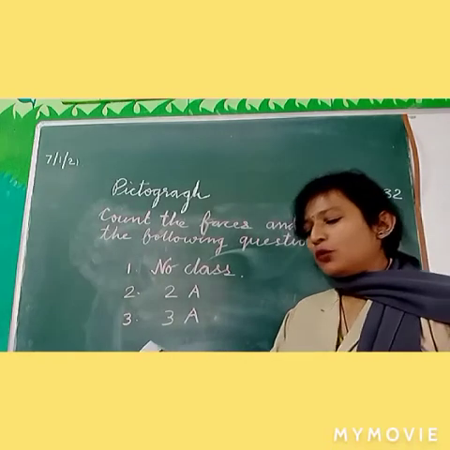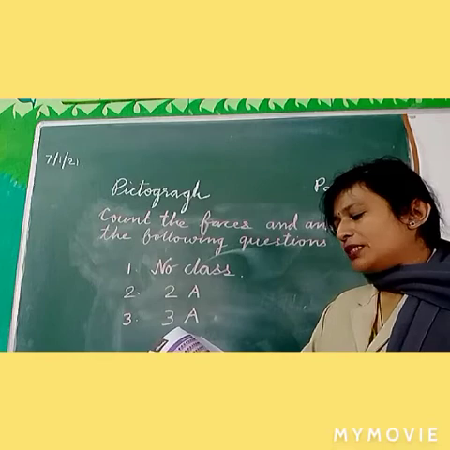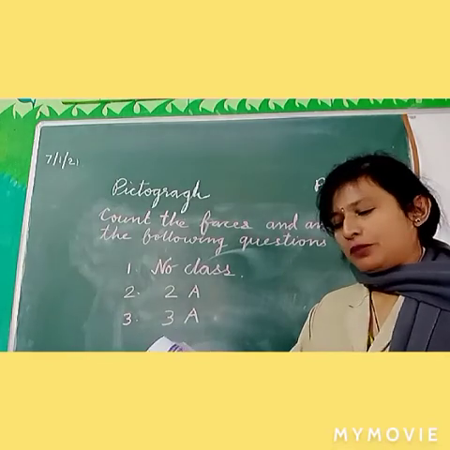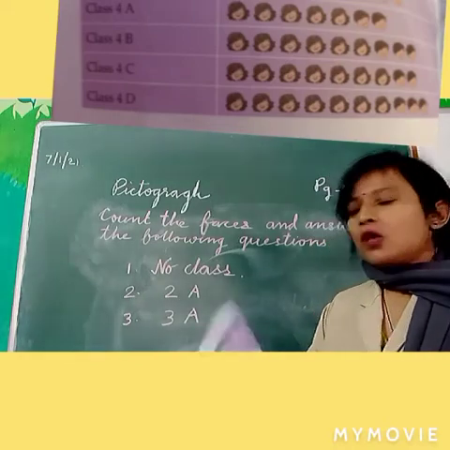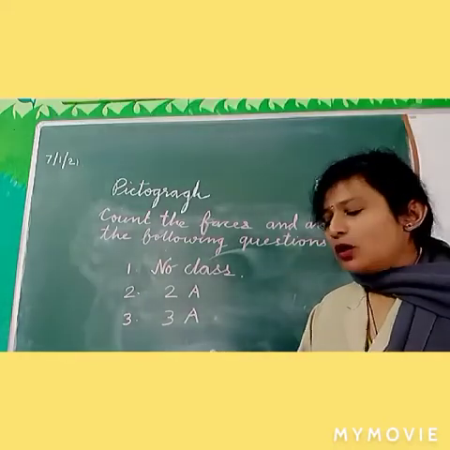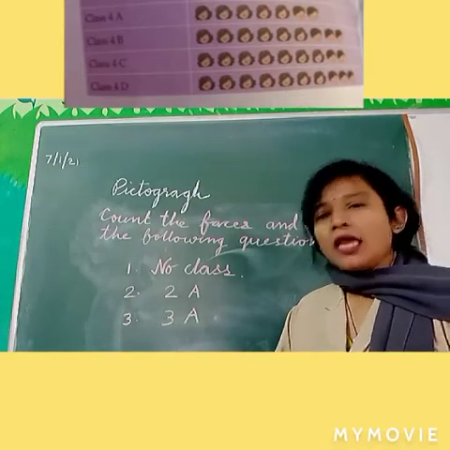Now come to the fourth question. How many students are participating from fourth? In this, you have to count all the students who are in class 4th, from 4A to 4B, 4C and 4D.